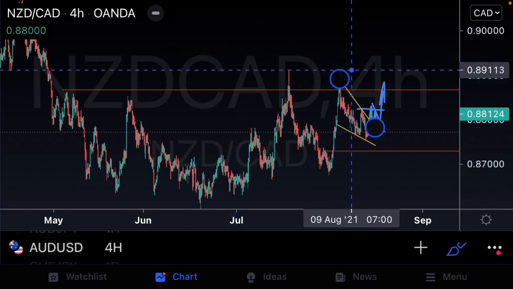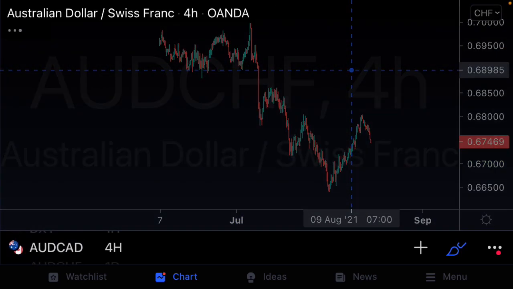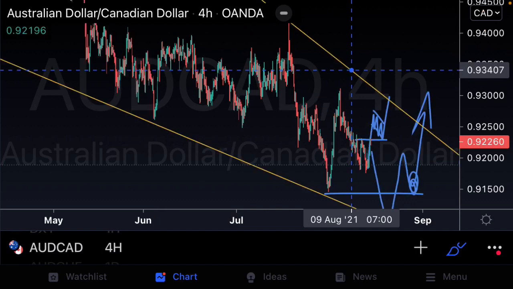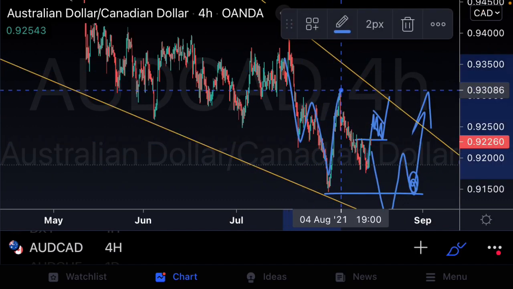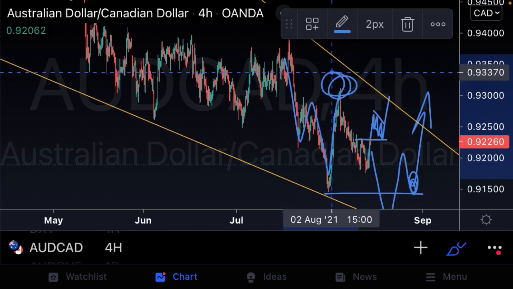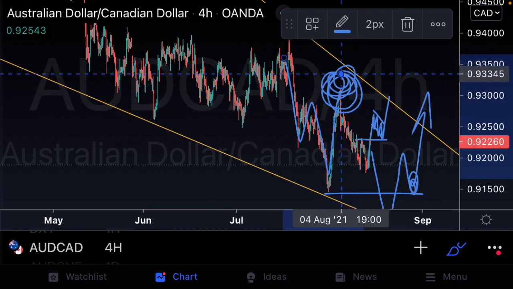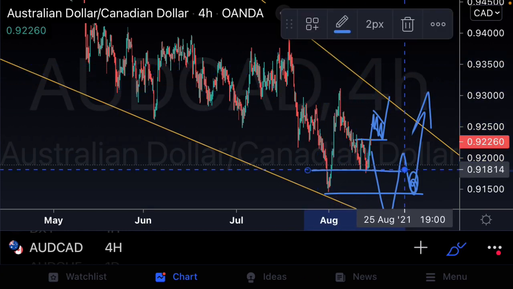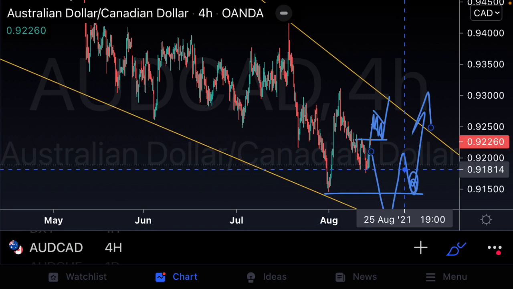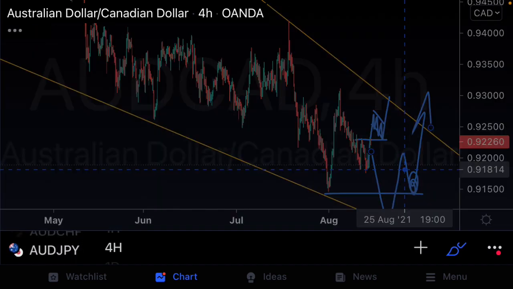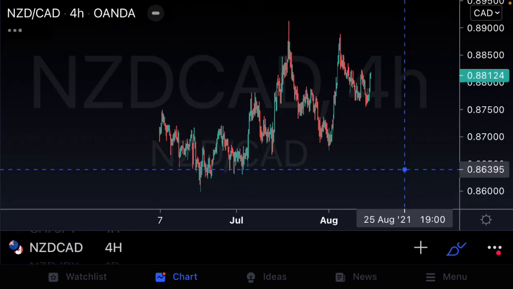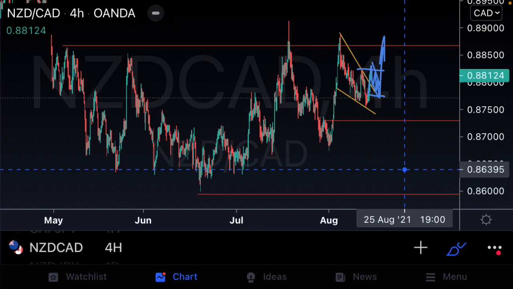However, if we look at our Aussie CAD position, what we will see is that price is still in this bearish run. All we have to work off is a sign of strength, expecting that higher low to form. Now, guys, you can see which structure gives us the better probabilities. Obviously, the structure that has already started trending in the direction of the momentum that we are looking to trade.